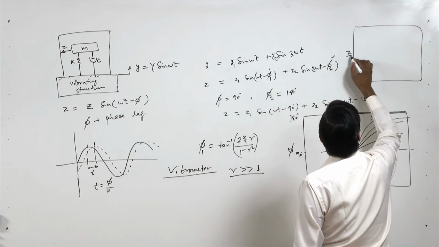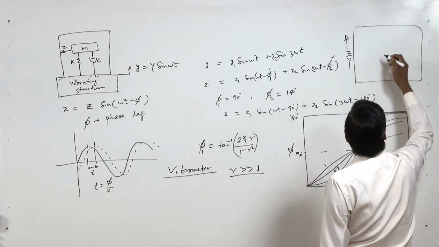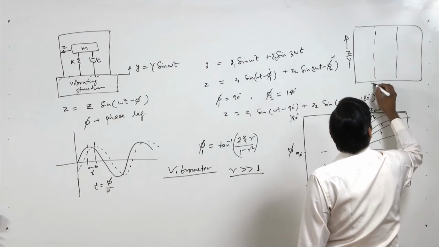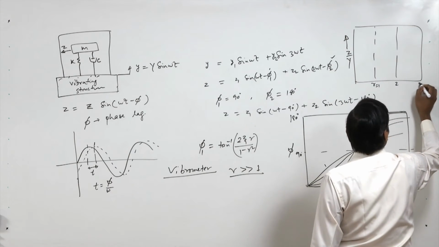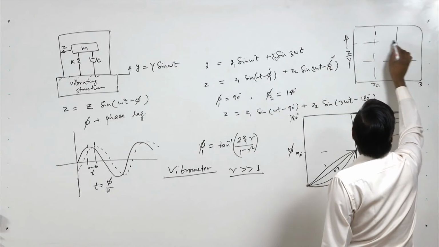So this is Z by Y, and this is r equal to 1, 2 and 3.